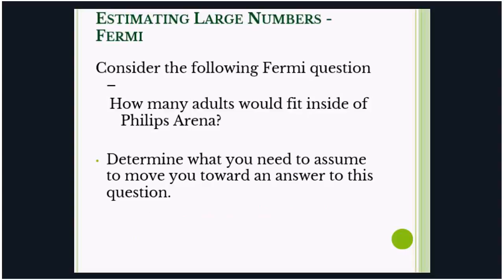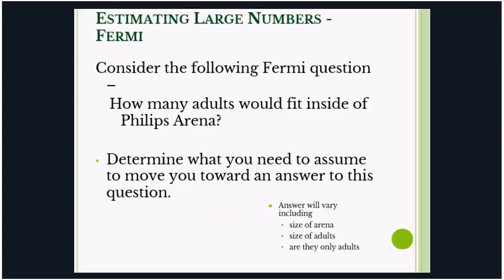A Fermi question is when you are given a question where you have to make an estimate of something very large. For example, here we have how many adults would fit inside a Phillips Arena. So what the Fermi question does is you want to determine what kind of assumptions you would have to make in order to answer that question.